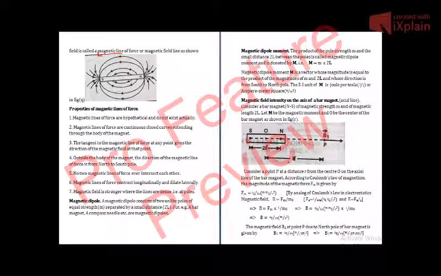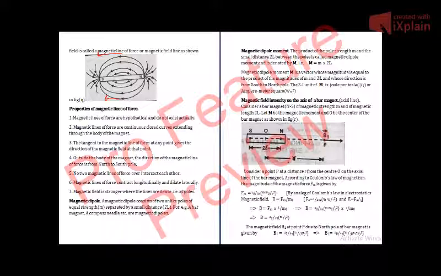Similarly, if we draw a tangent here, you will again see that this line will give us the direction of the magnetic field below the magnet. So the tangent drawn to the magnetic line of force gives us the direction of the magnetic field at that point.